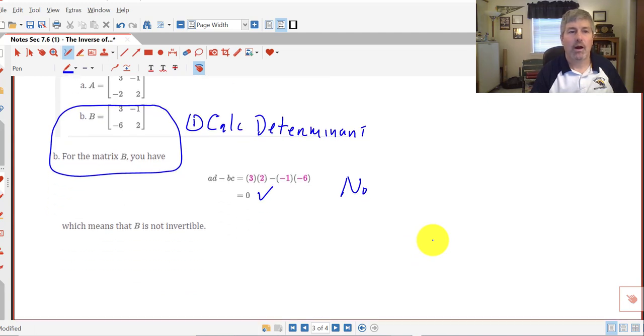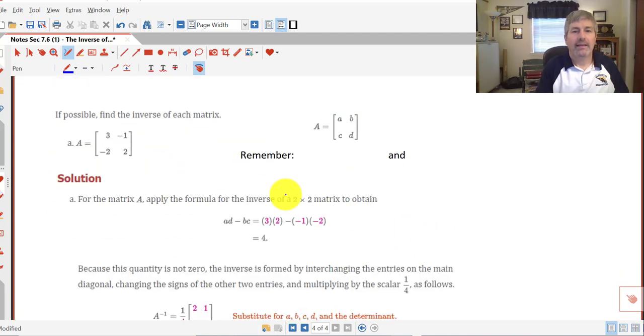So now we can go on and do A. Find the inverse of matrix A. Remember our positioning, A, B, C, D. So first thing we want to do is find the determinant. 3 times 2 minus a -1 times -2. So that becomes 6 minus 2, which is 4. We've got our determinant.